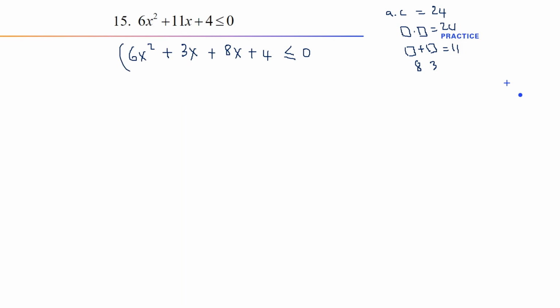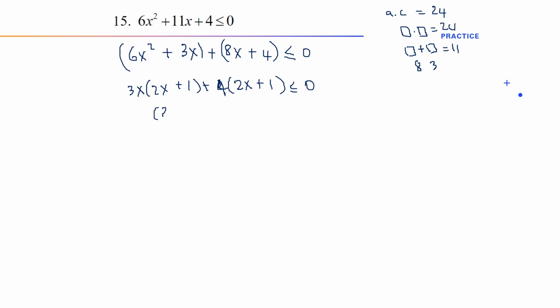So now we've grouped the first two and grouped the last two. We have 3x times (2x plus 1) plus 4 in common, (2x plus 1), less than or equal to 0.